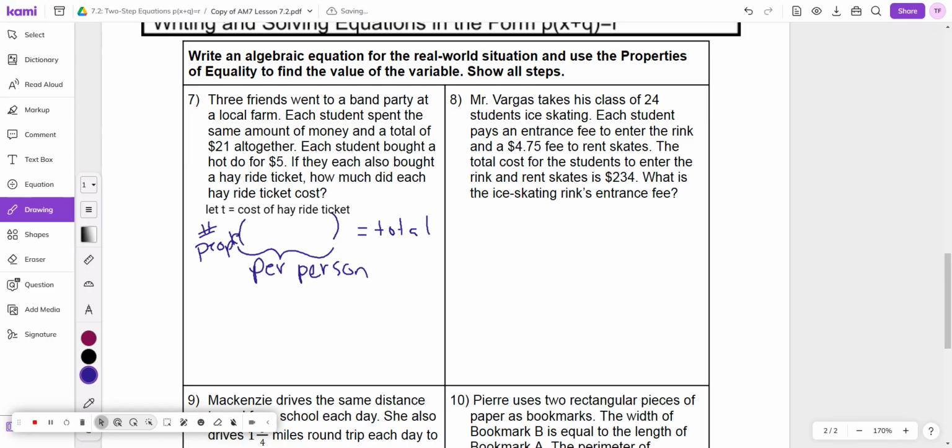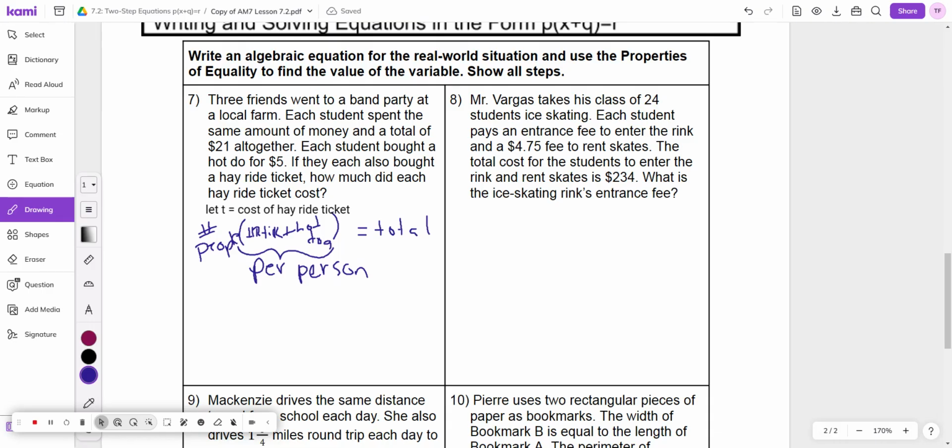So I'm going to put HR ticket to represent the hayride ticket, plus they buy a hot dog. So, hot dog. So there's my bare bones. I know it's hard to really look at it and see, but there's my bare bones for my equation.